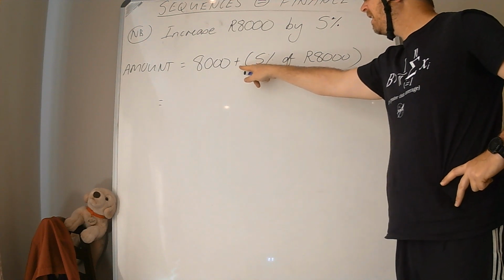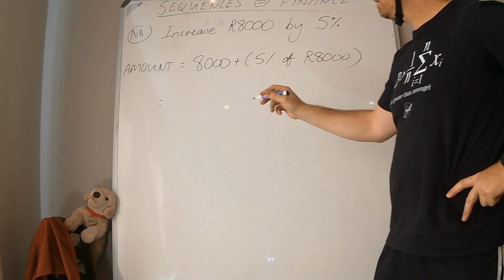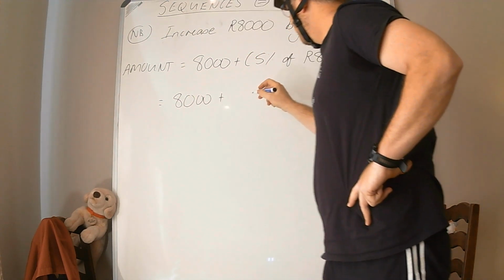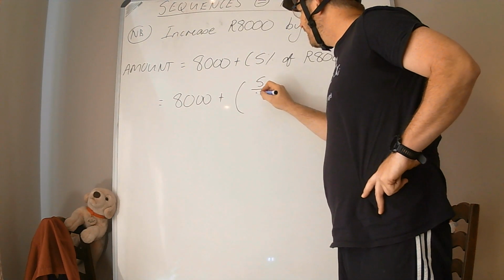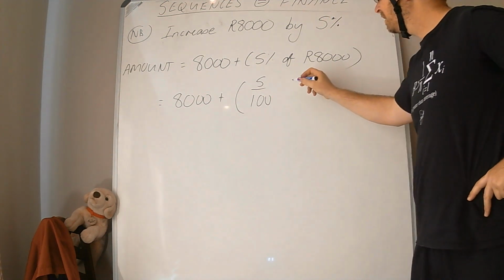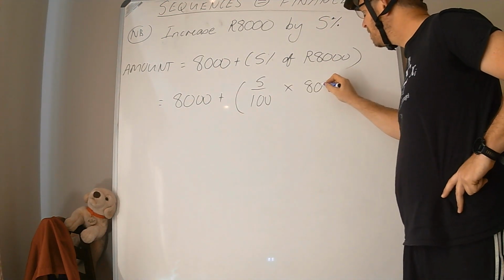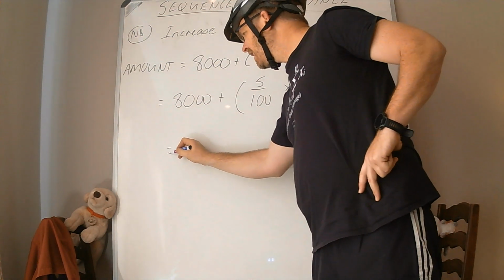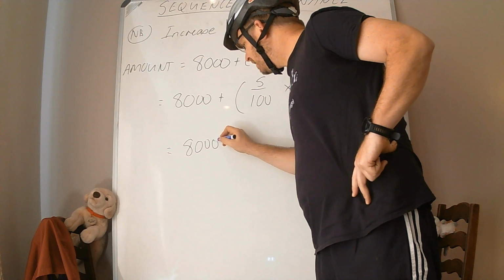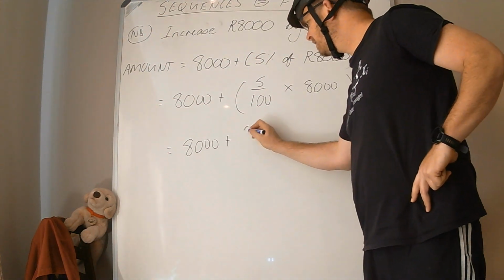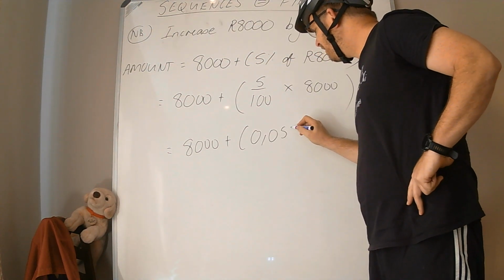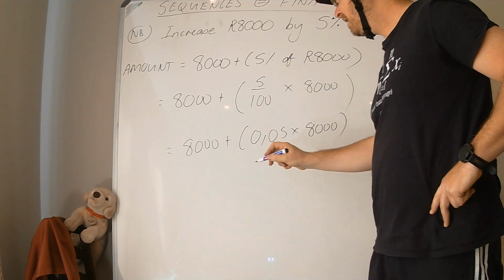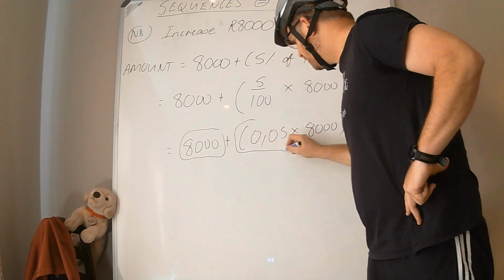So you have 8,000 plus 5% of 8,000, which will be the amount in your account: 8,000 plus 5 over 100 times 8,000, which is 8,000 plus 0.05 times 8,000. Georgia, what's the common factor between those two terms?